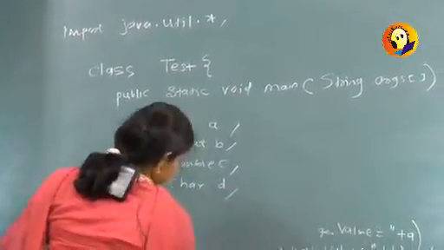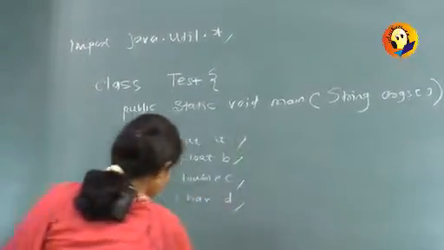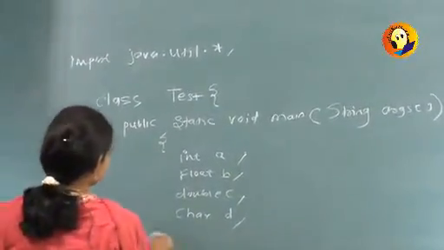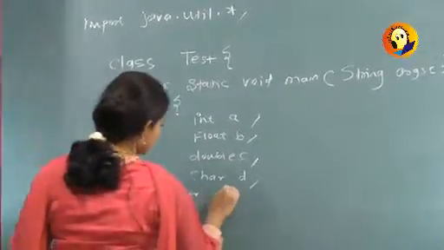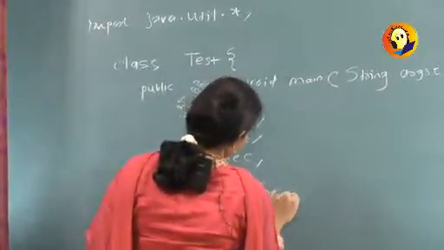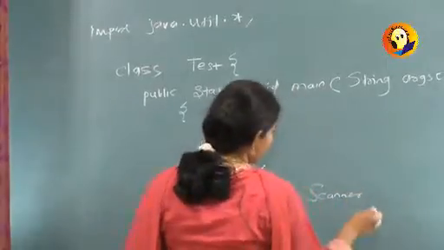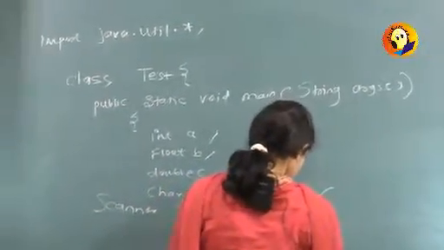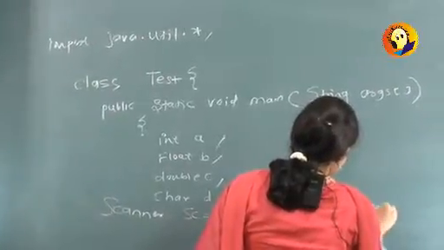After that I need to declare an object of the Scanner class. So Scanner sc is equal to new Scanner. Inside the brackets I need to provide parameters for the compiler, that is System.in.